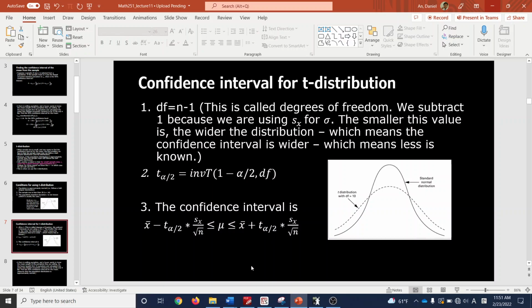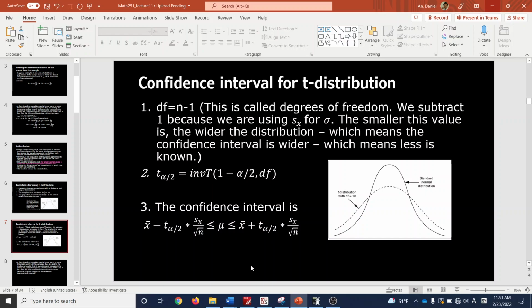Later on, we're going to see that for linear regression analysis, we need the degrees of freedom to be n minus 2 because over there we use 2 values estimated from the sample as a parameter to plug in. So if you use up some information from your data as a replacement for the estimation, you lose that much degree of freedom.